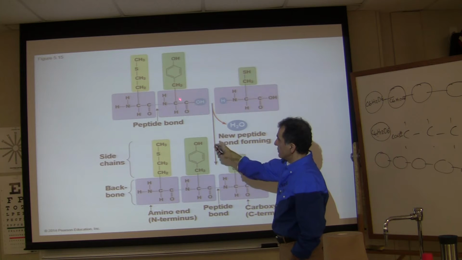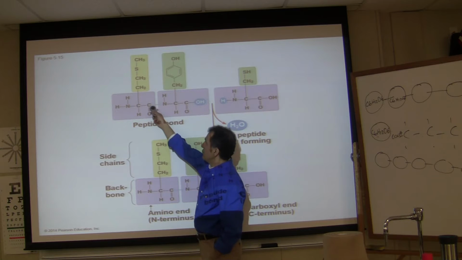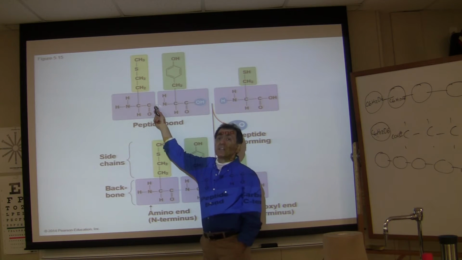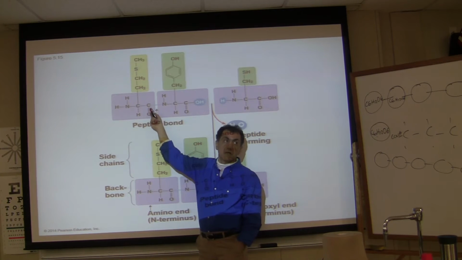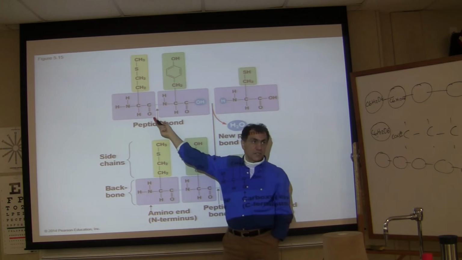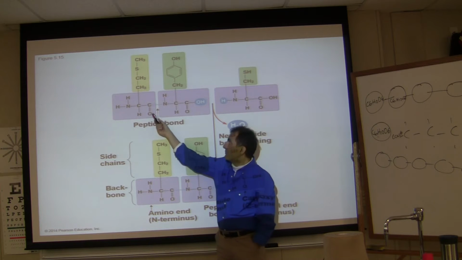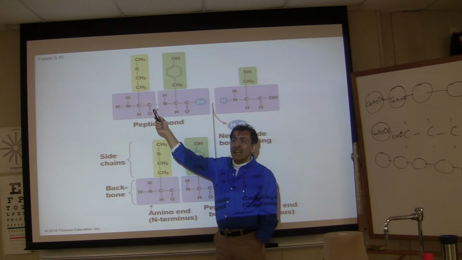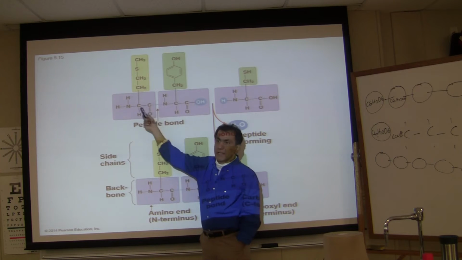This is called a dipeptide, and the bond between them, this blue line, is called a peptide bond, which is a covalent bond, not James Bond. A peptide bond is a covalent bond which is attached between 2 amino acids.